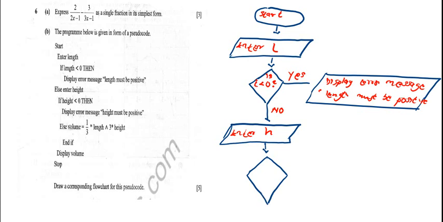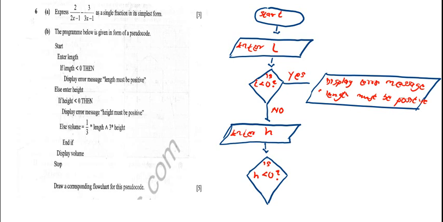So if height less than 0, if changes into is, so write is height less than 0, and you put a question mark.